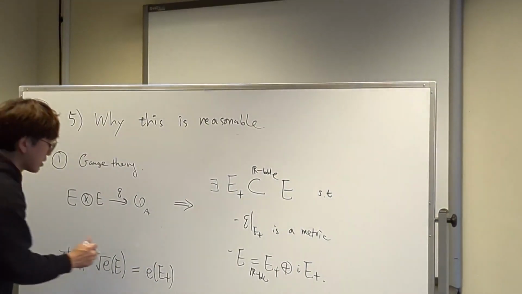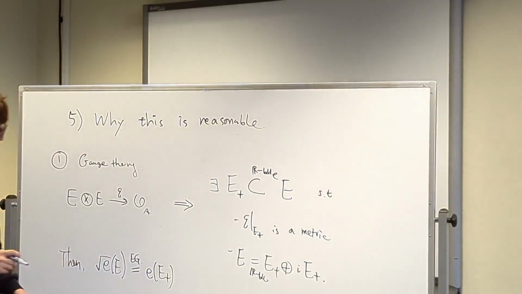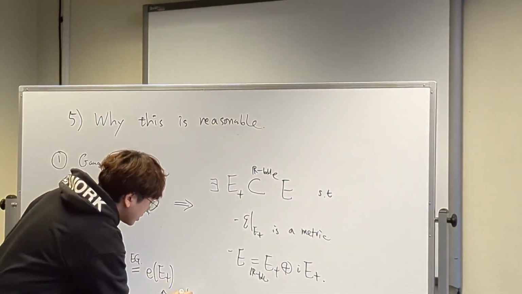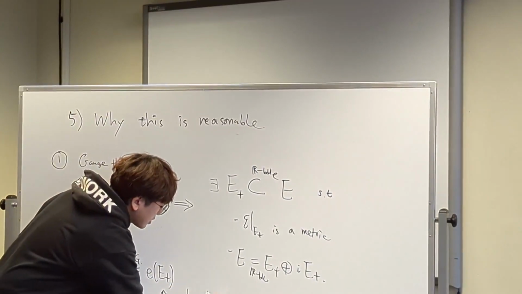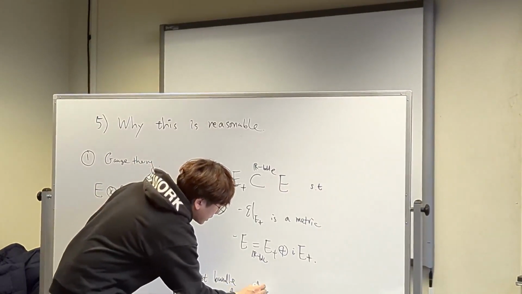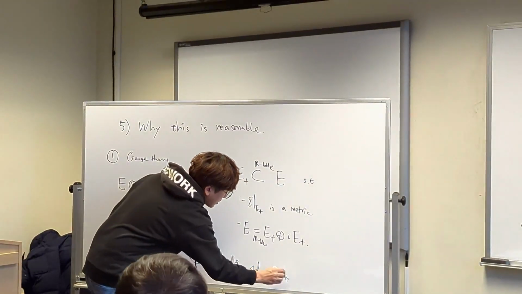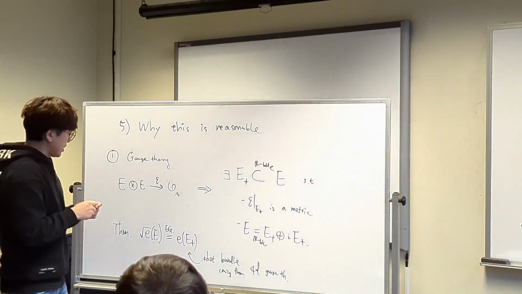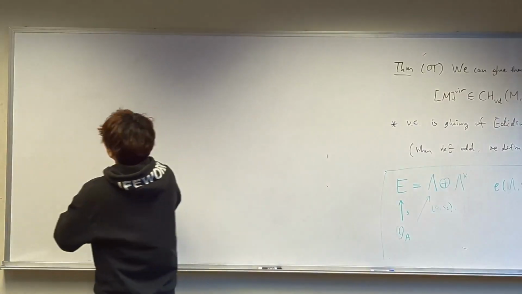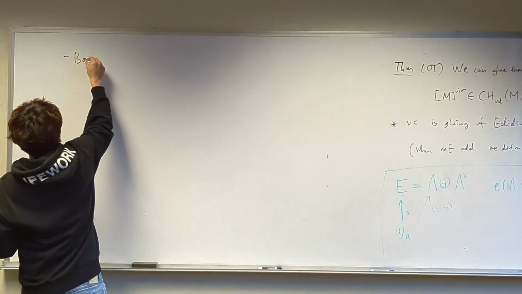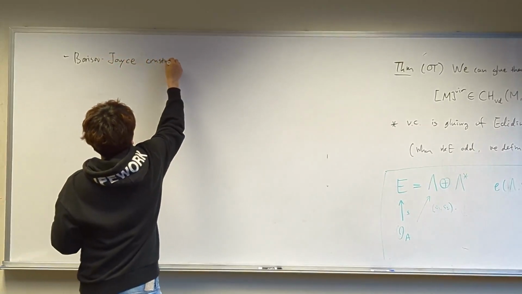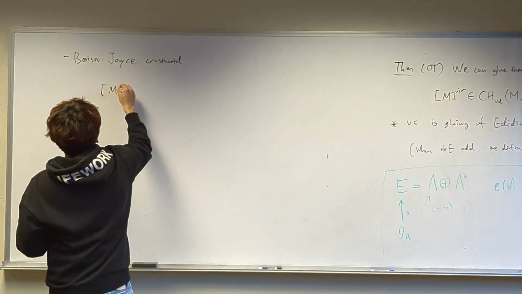So then Edidin-Graham proved this. This is an obstruction bundle coming from the local case. And one remark is Borisov-Joyce constructed a virtual cycle.